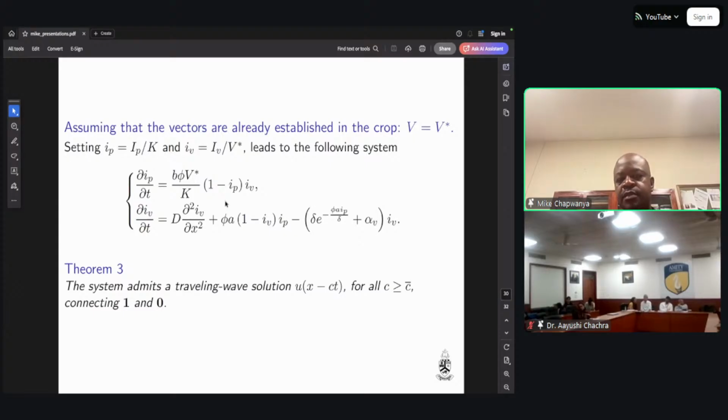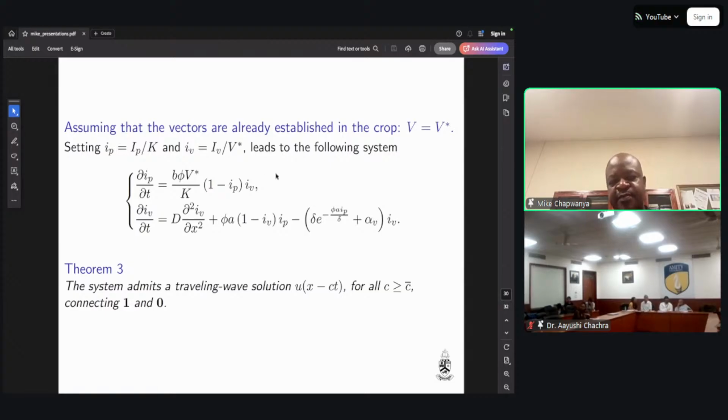So it's again a very nice submodel. You can see that the logistic setup is lost, but again, this submodel is also a monotone dynamical system, and you can use the same tools for monotone dynamical systems to prove that there is a traveling wave.